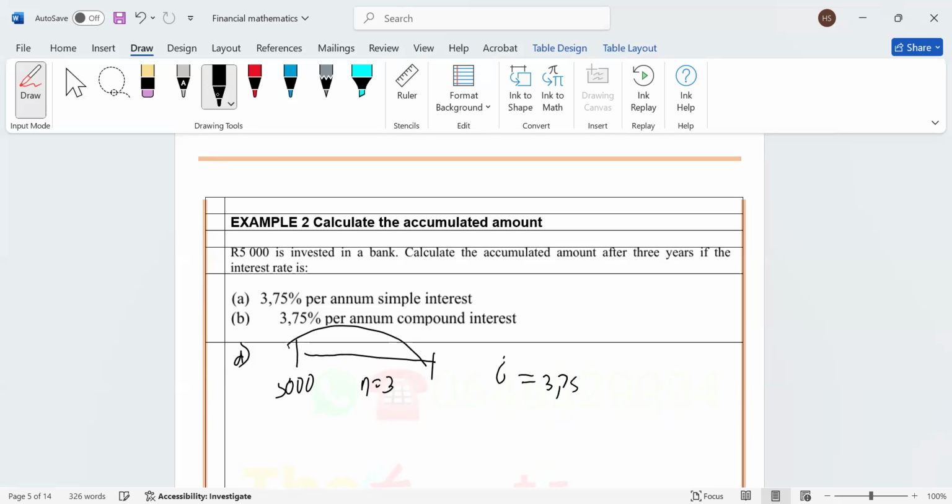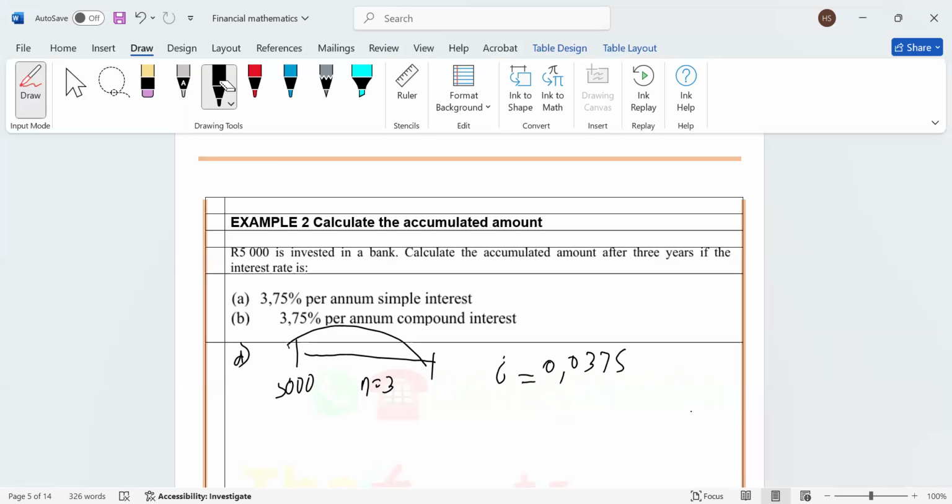It's 3.75 divided by 100, which gives us 0.0375. So we've collected our data.